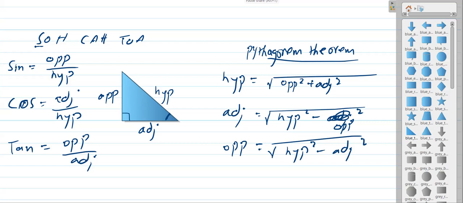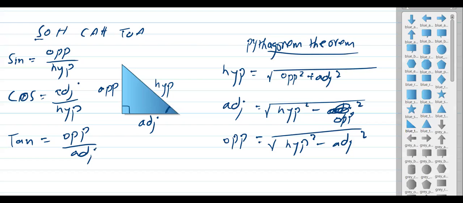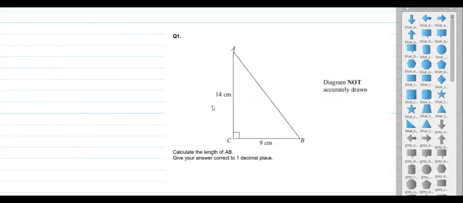Let's say, for example, I'm having a question here. I will take it as an example. This one is, calculate the length of AB. Like this side AB, you have to find, you are having the other two sides. So Pythagoras theorem will be applicable on that. Why?